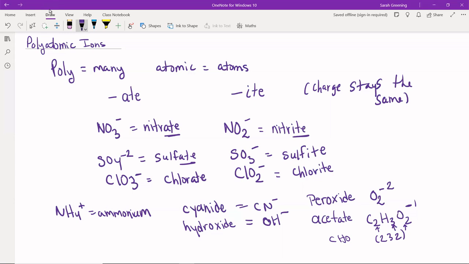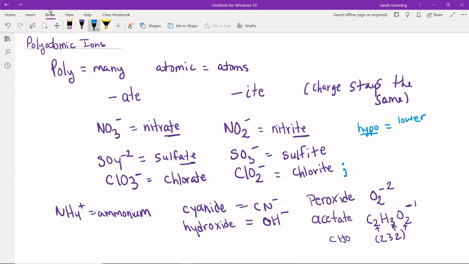Do I have any other ones I can talk about? With the chlorite, I'll go back up here with chlorite. I'm going to get a different color so it'll stand out a bit. With chlorite, we know that ate versus ite, ate has more oxygens, ite has less. Well, if you understand the term hypo, usually this means lower. We think of hypoglycemic, which means you have low blood sugar.